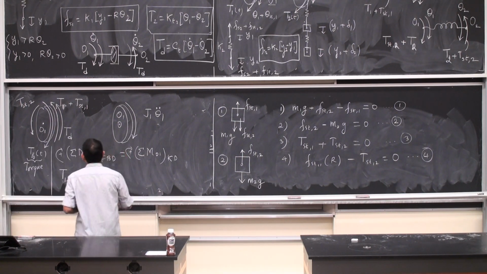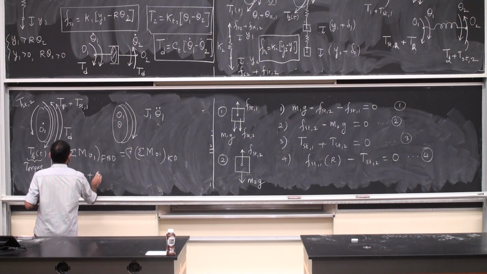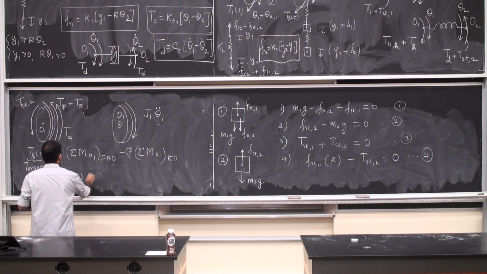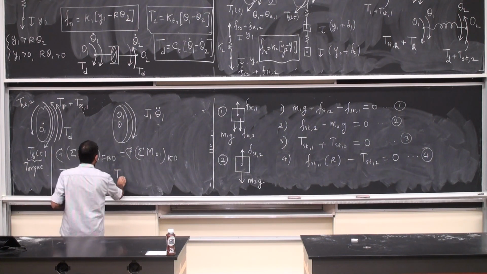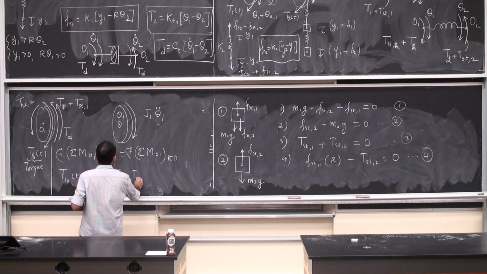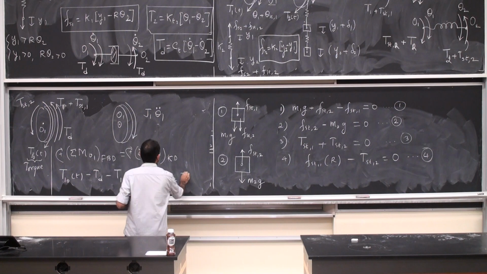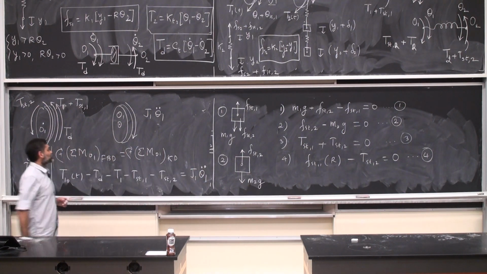Then I have the rest of this entire bunch here. I'm going to have minus TD minus T1 minus T static 1 minus T static 2 is J1 theta 1 double dot.